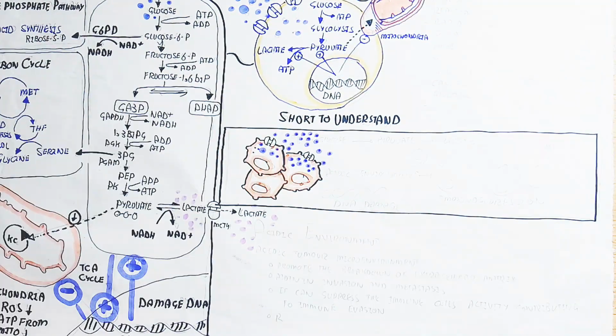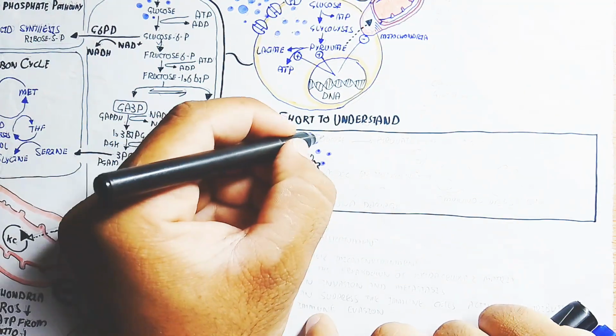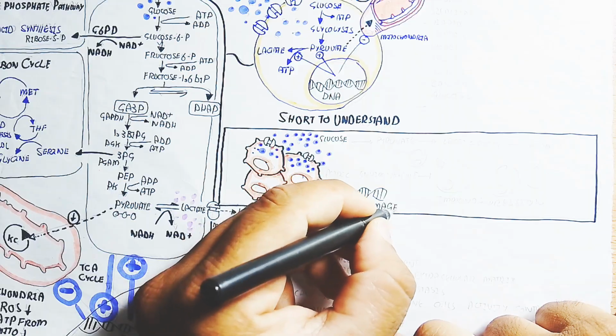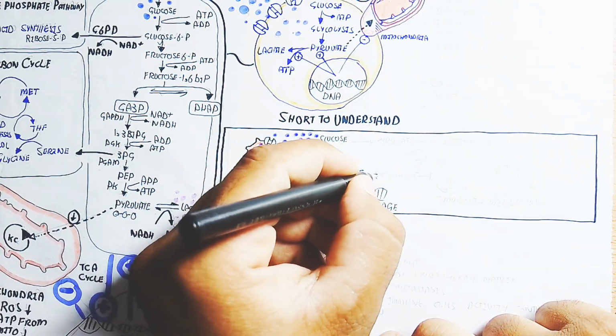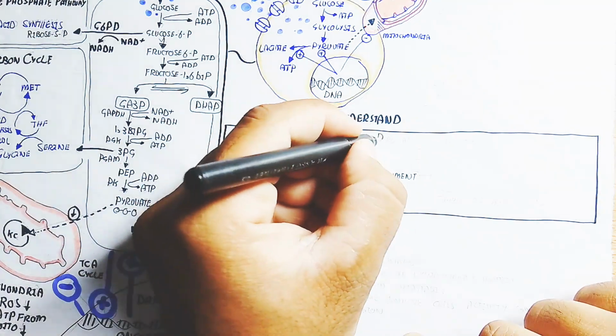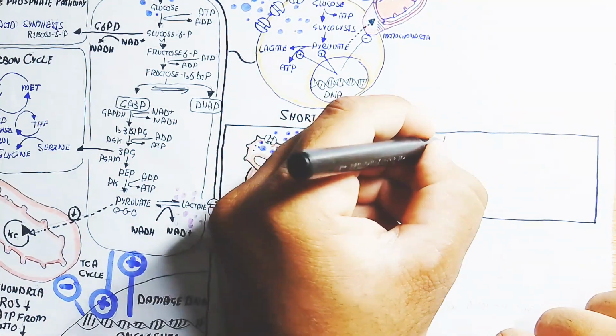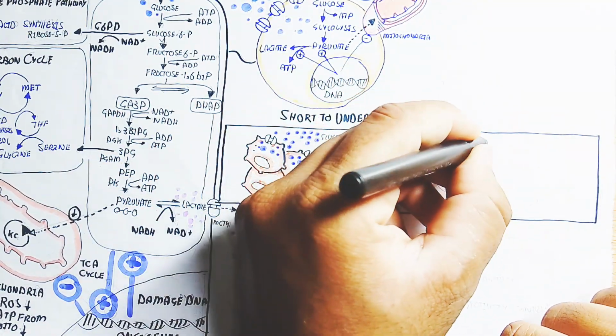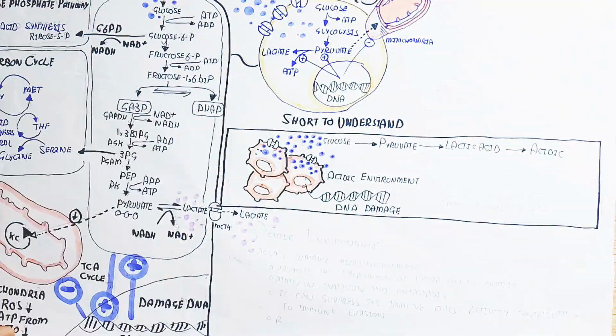The important thing to understand is glucose uptake, and that even in the presence of oxygen, aerobic glycolysis will run to produce ATP, rather than pyruvate being used in the mitochondria to produce ATP.